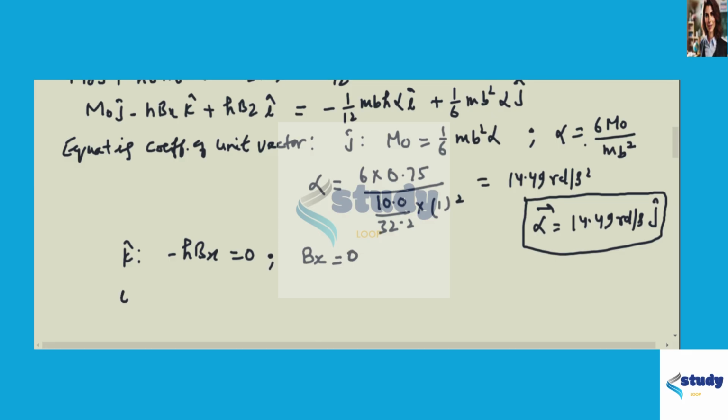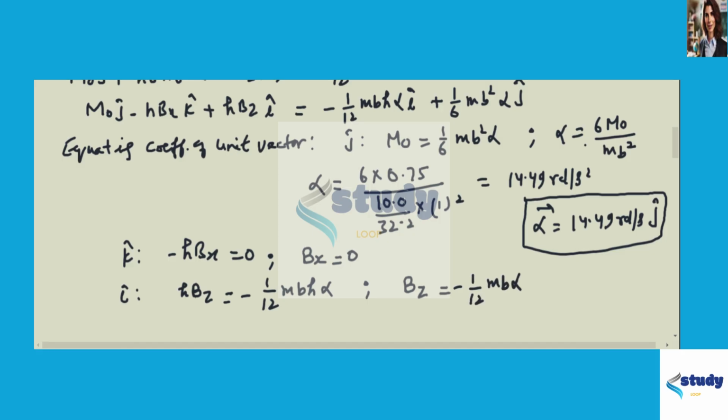For i cap, you will get h Bz equal to minus 1 by 12 m b h alpha. So from here the z component of dynamic reaction at B is minus 1 by 12 m b alpha.